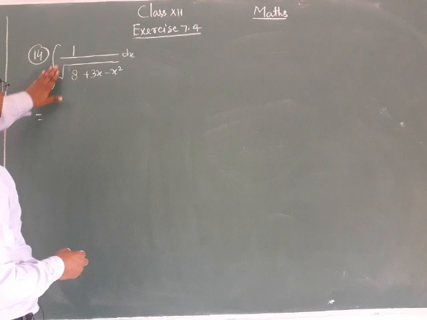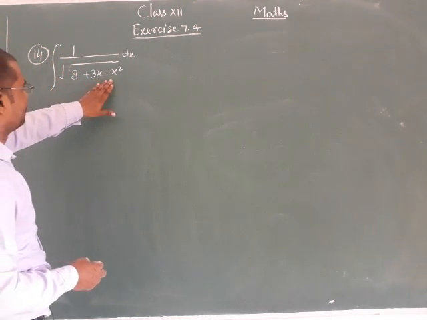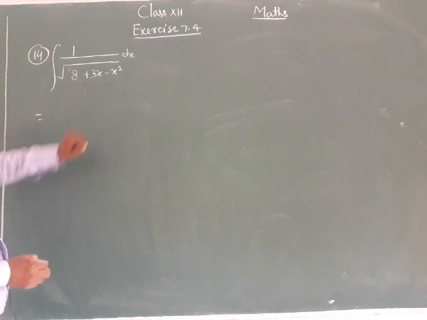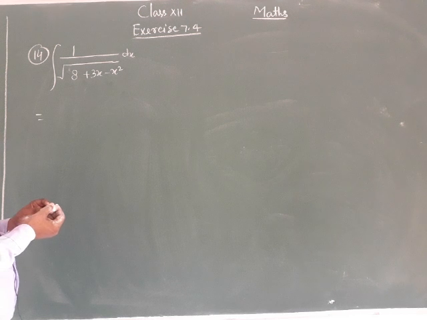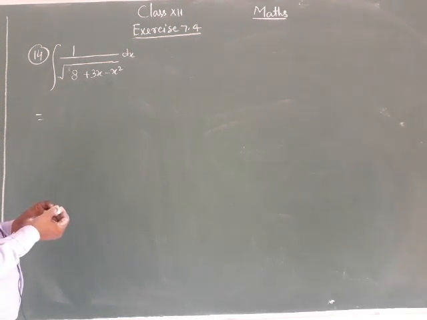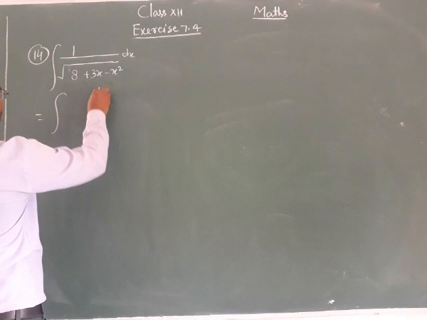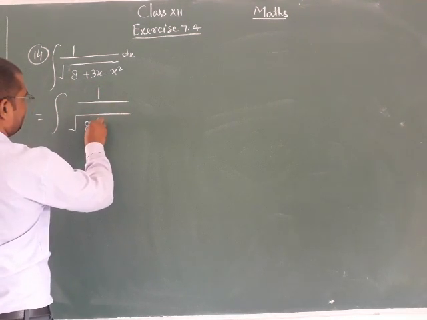Question 14: integral of 1 upon root 8 plus 3x minus x square. The denominator you can solve by the completing square method. You can change this to another form, 1 upon root 8.